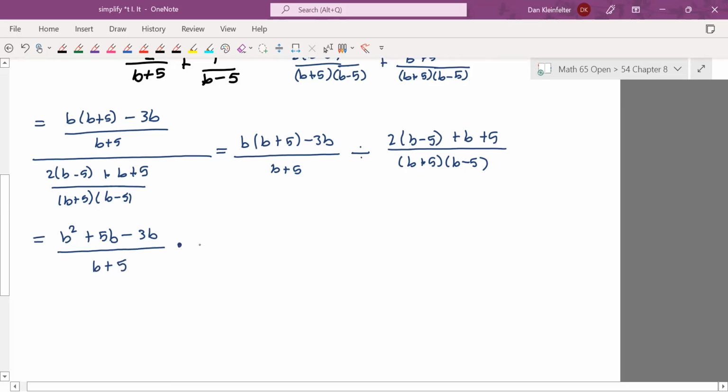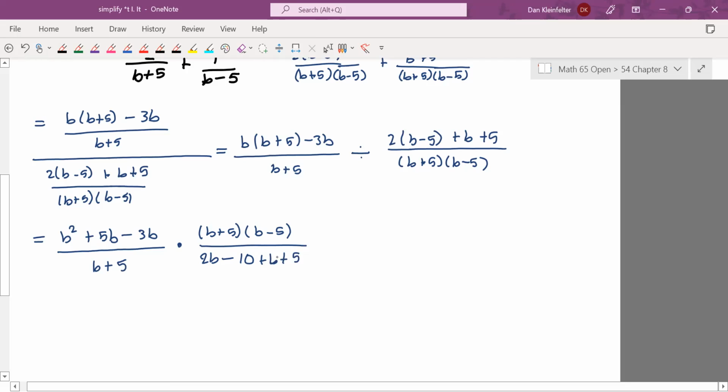Our divide is going to become a multiplication. And then the b plus 5, b minus 5 will come up top because we're forming the reciprocal. And then what was formerly the numerator is going to go downstairs. And also I'm going to multiply things out. We'll have 2b minus 10 plus b plus 5.